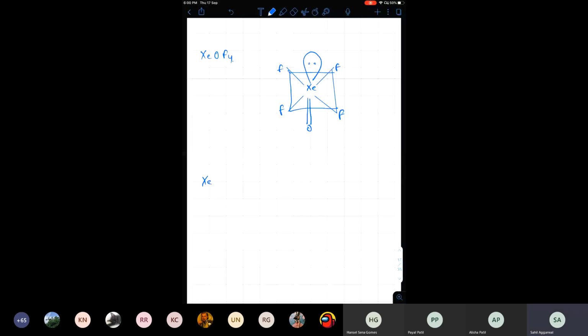If you take XeF4, this will be a square planar molecule.